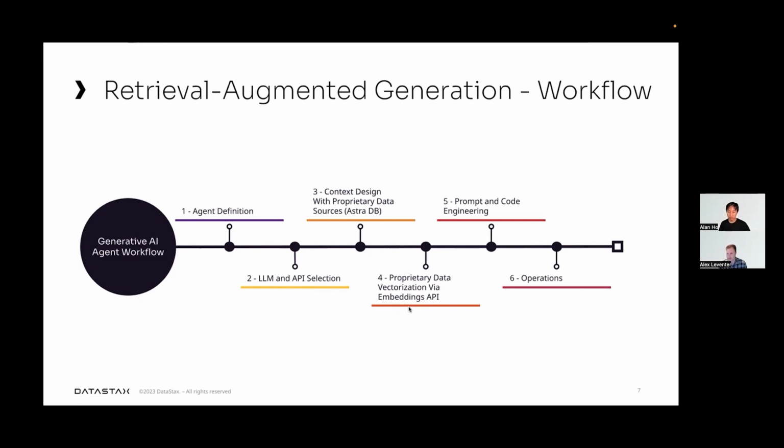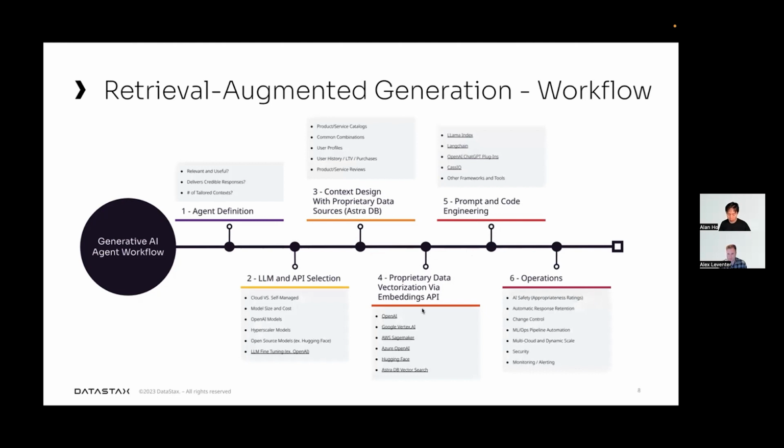These allow the LLM to semantically figure out what is relevant information for it to process and build that prompt. Then we leverage that information to build the prompt, and you code it up. And then we have to figure out, when we actually launch it in production, how you are going to maintain this generative AI agent, and how you're going to deal with your operations.